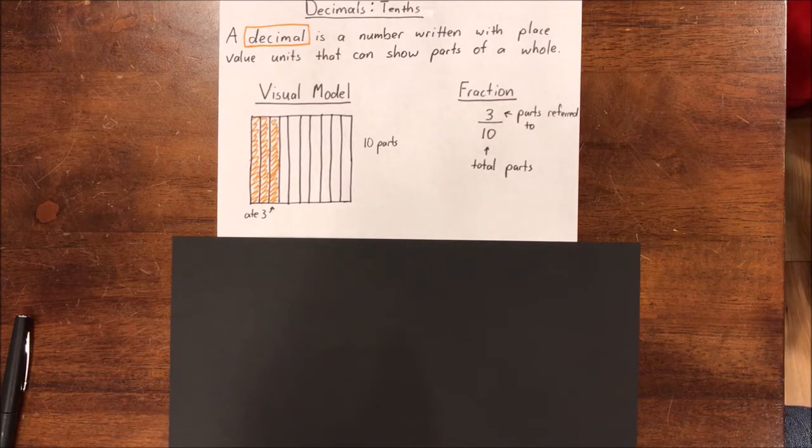So what would I have to do to a 1 to get the place value that would come to the right of it? Say it out loud. Yes, I would have to make it 10 times less. How do you do that? Say it out loud.